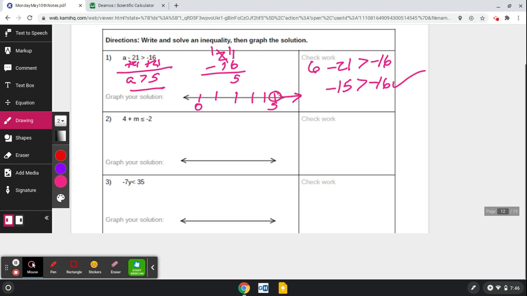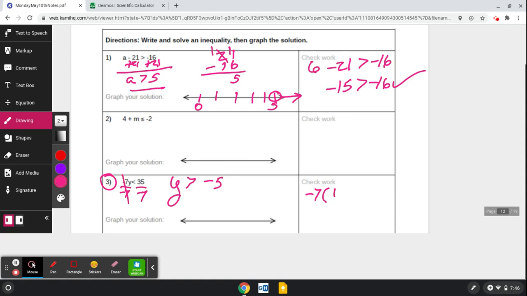Okay, let's look at number 3 now. Divide by negative 7. Remember, that changes it to be y greater than negative 5. So when we check our answer, choose a number bigger than negative 5. So it's negative 7 times, let's see, what's a number greater than?